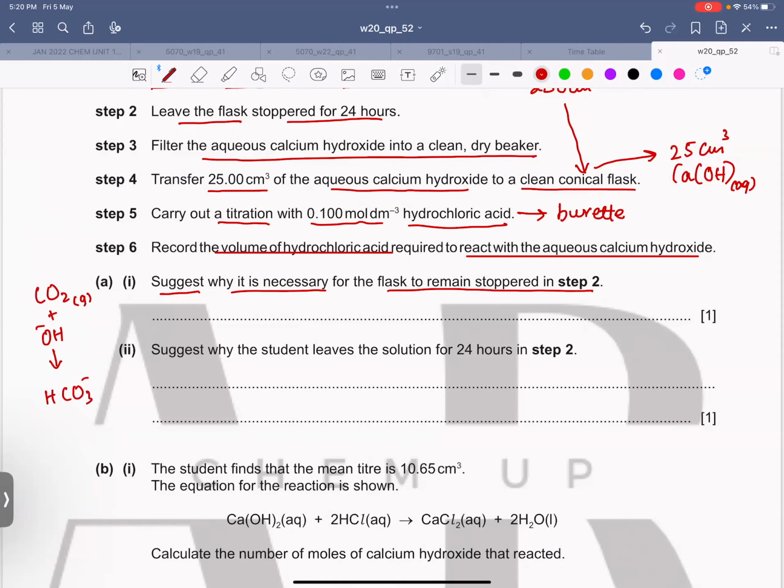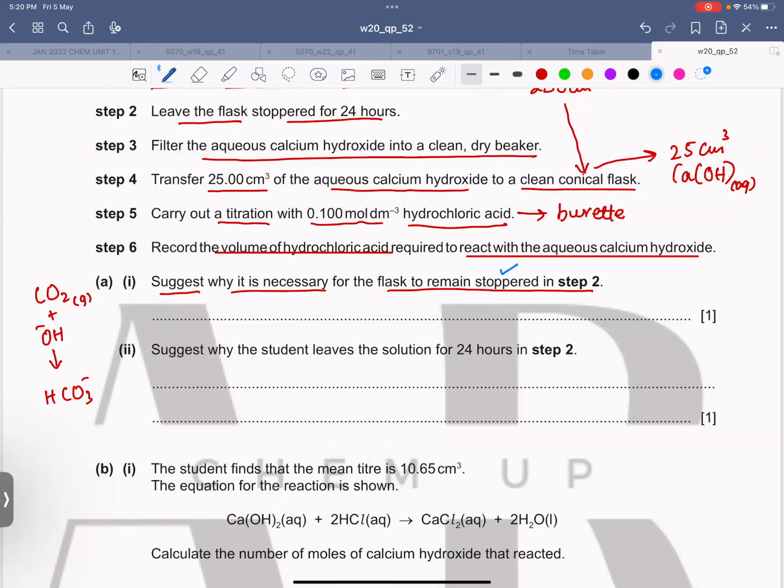So if the carbon dioxide comes in contact with the water, it gets dissolved in it. So to prevent that dissolving of carbon dioxide, we have to keep the stopper. Is this clear? Yes, sir. Okay.